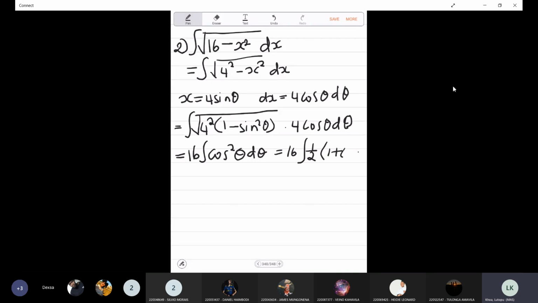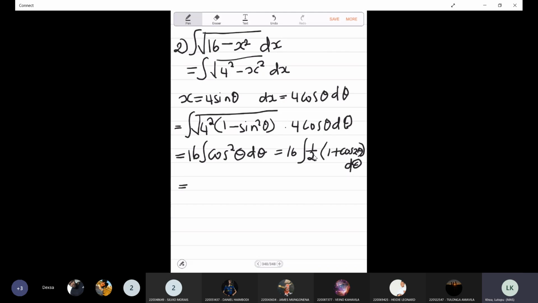One plus cos 2 theta d theta. Okay, so the half can also come outside and multiply with the 16, so I will have 8.